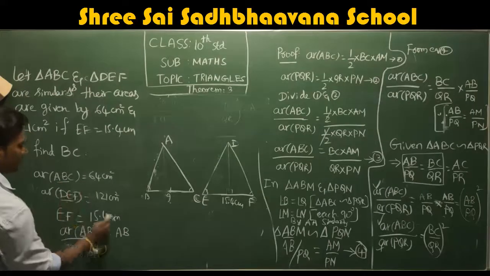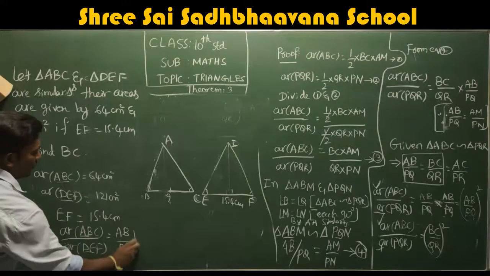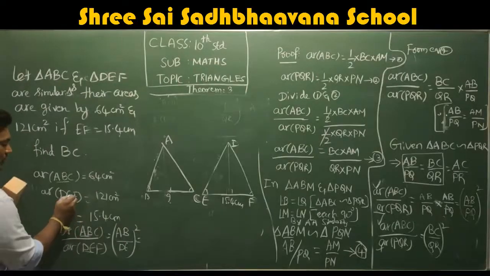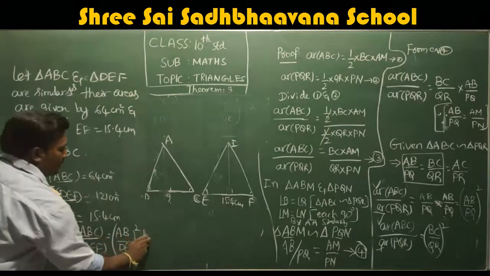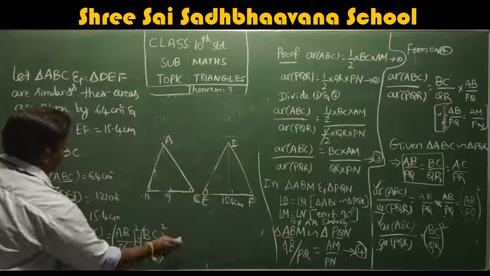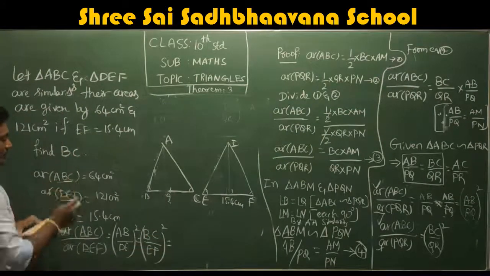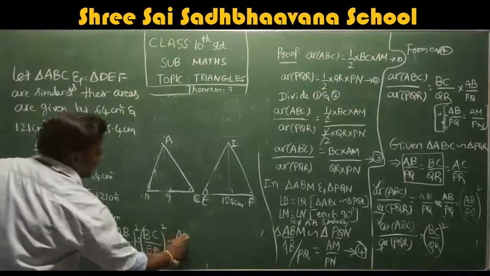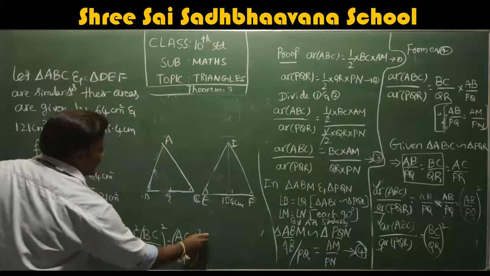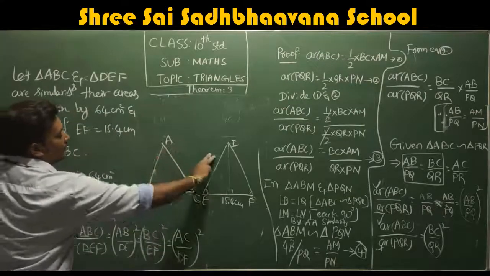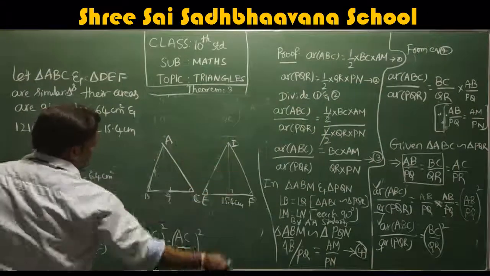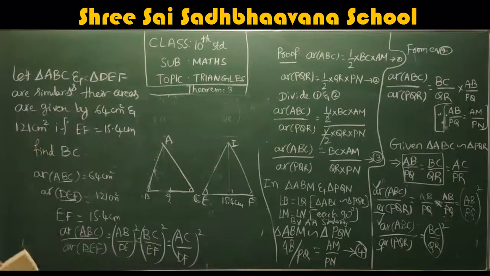So AB by DE whole square is equal to BC by EF whole square, which is equal to AC by DF whole square. Here you can observe AB corresponding is DE, BC corresponding is EF, AC corresponding is DF.